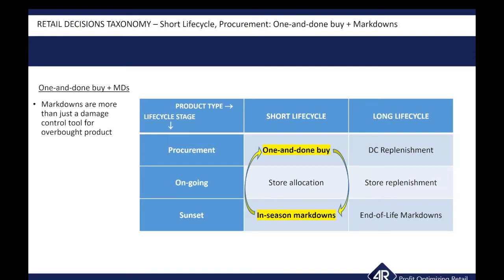So first of all, contrary to popular belief a little bit, markdowns for seasonal items are not just a damage control tool for product that may be overbought. In fact, they represent even more so a sort of insurance policy that allows the season buys to be more aggressive.